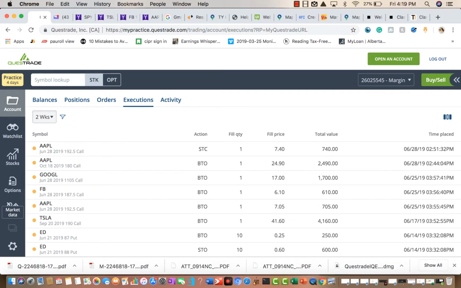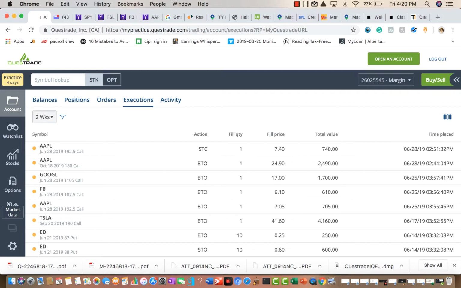All right. So again, the symbol right here, you'll see them right here on the side. Action, sell to close, buy to open. Remember, you guys, when we're doing a call option or a put option, we are just the buyer for both. So you buy to open and you sell to close.